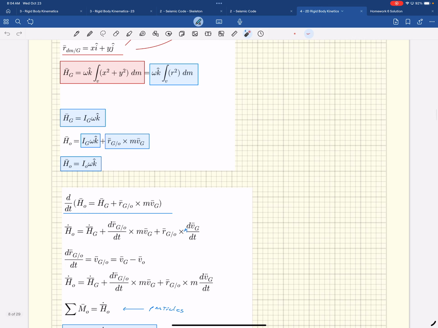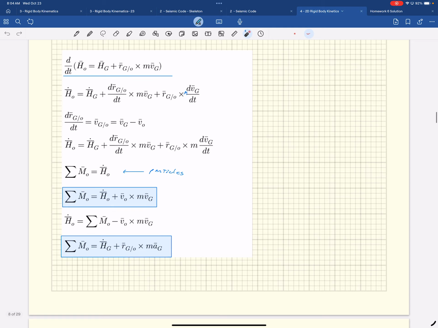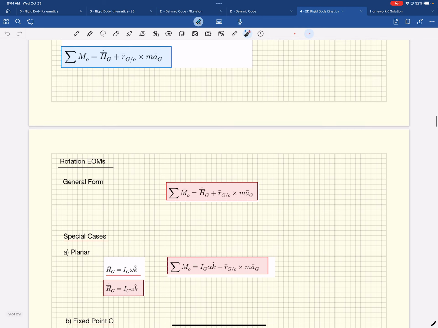We also said that if you want the angular momentum about an arbitrary point, we could figure out what the I is about that arbitrary point, and then the angular momentum will just be that I times omega. Then we went through, with a lot of hand waving, and ended up with these three equations.